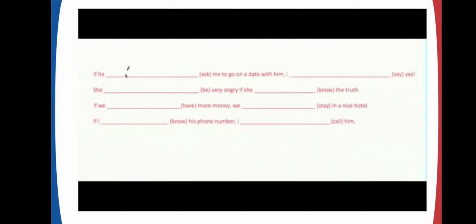Here's a few to try on your own. If he asked me to go on a date with him, I would say yes.